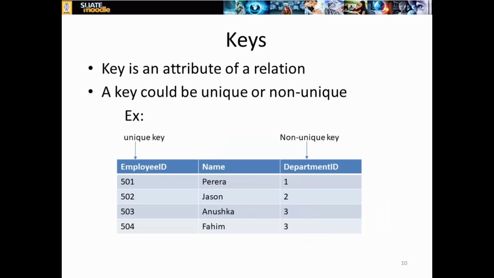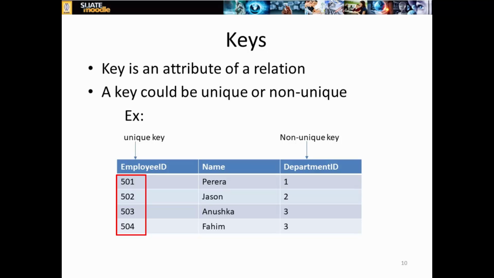Now I am going to talk about the notion of keys. A key is an attribute of a relation which is used to identify a record. A key could be a unique key or a non-unique key. As you see in this example, no 2 employees have the same ID.